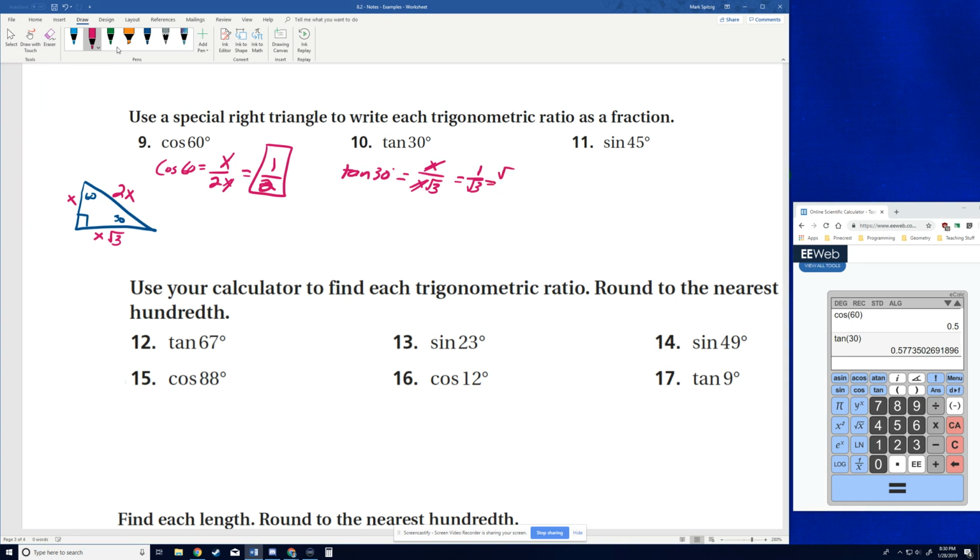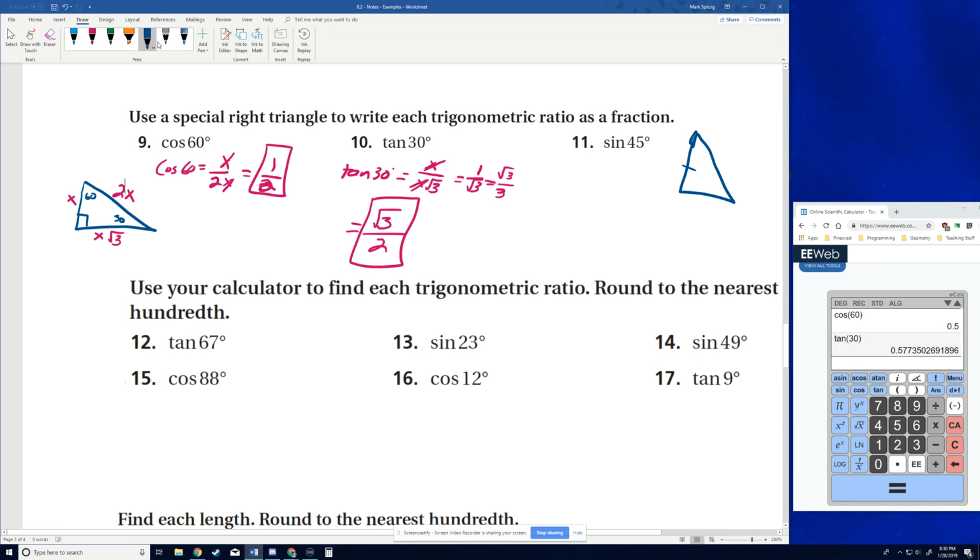So we end up with root 3 over 3. As a decimal, that's 0.57, but that's not exact, so we can get it exact with special right triangles, where the ratios are exact. Sine 45: we have to draw the other reference triangle here, the 45-45-90.